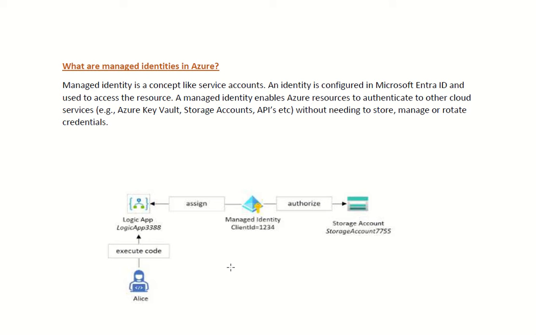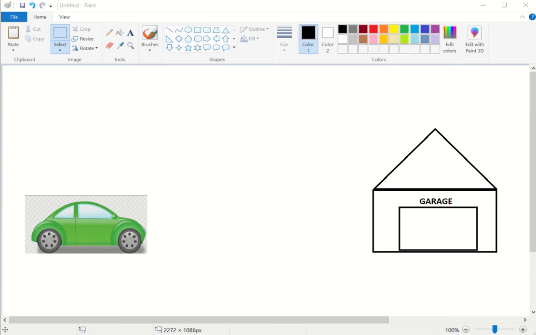Another good example to explain this is, suppose you have a garage and you have your car. What are the various ways through which you can open the door and park your car? Let me explain.